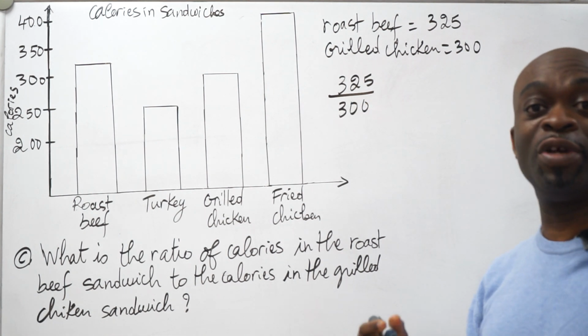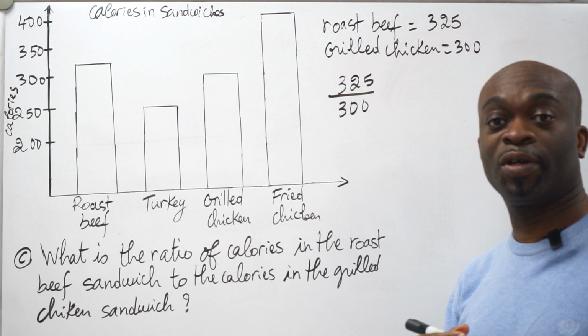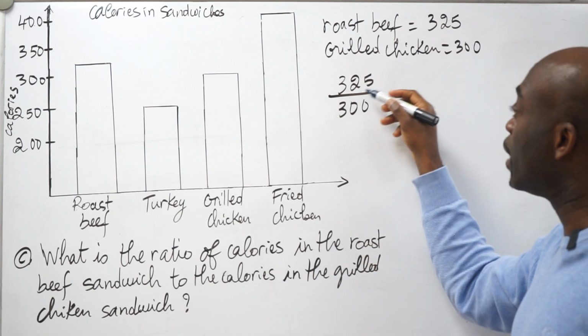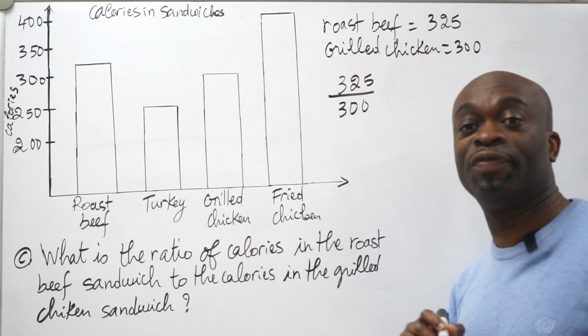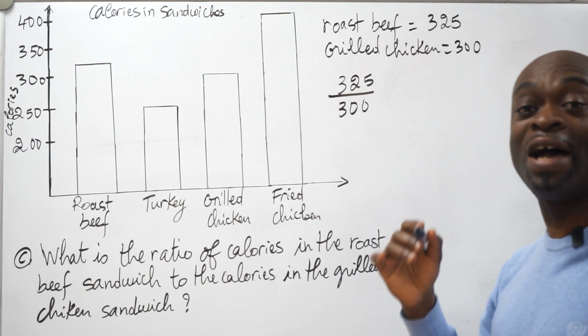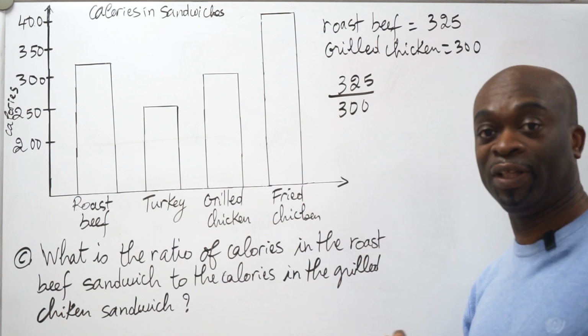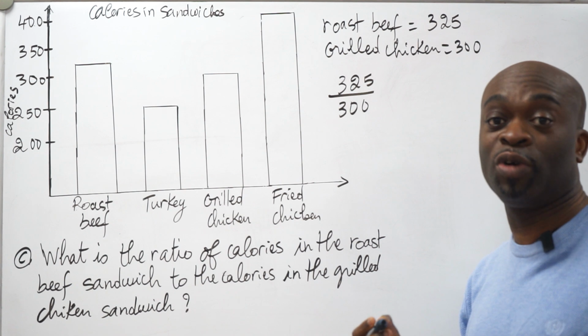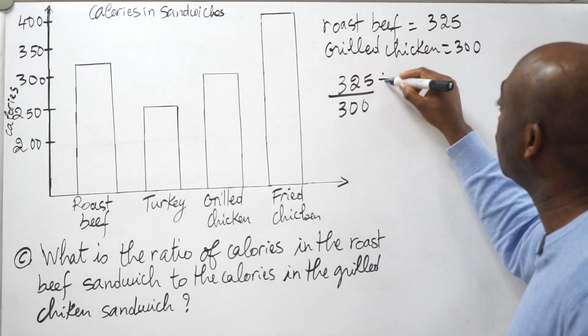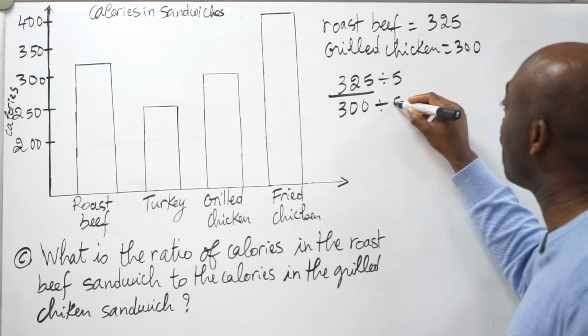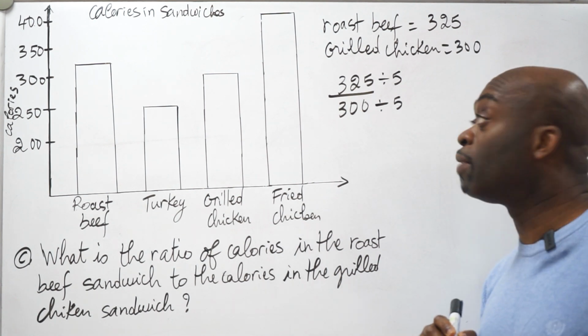Now this is a fraction that we need to do what with? Reduce. Whenever we have a number that ends with 5 and the other number at the bottom ends with 0, that means 5 can go into both numbers evenly. So that's what we're going to try to do here. 5 is dividing into the top, and 5 is dividing into the bottom as well.